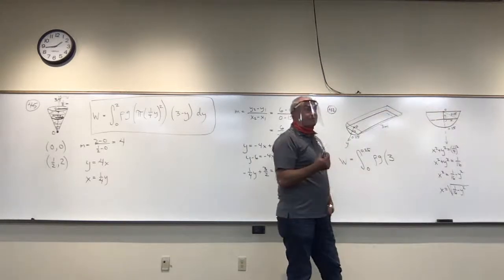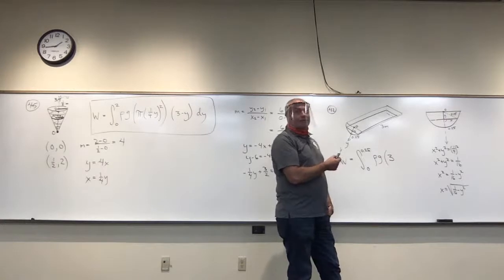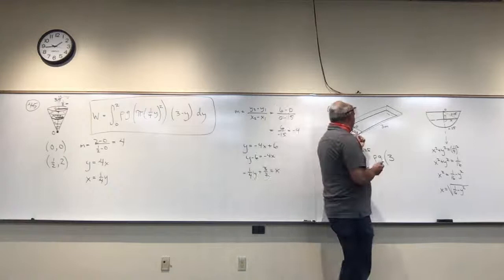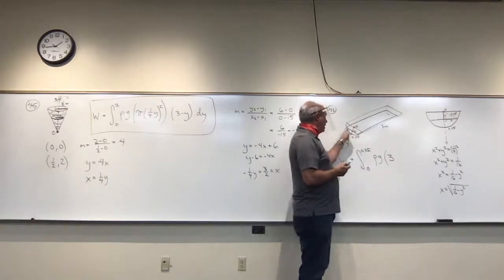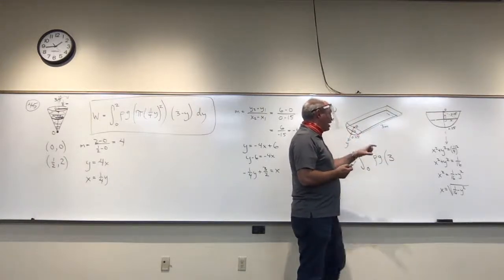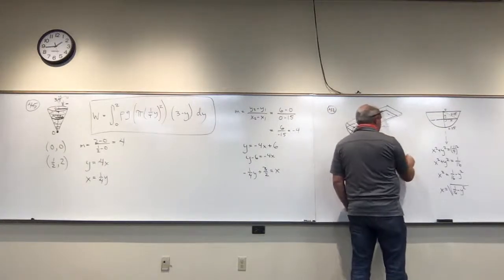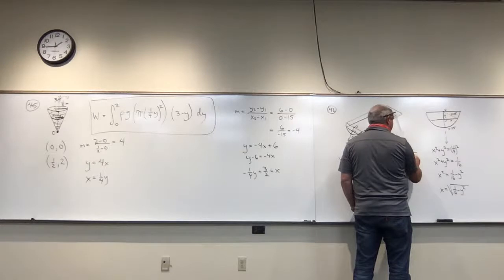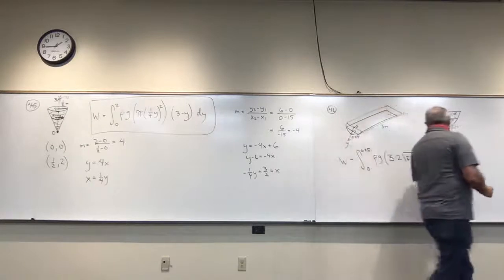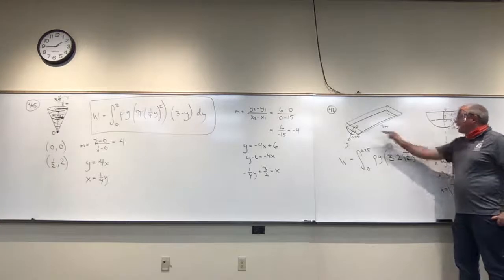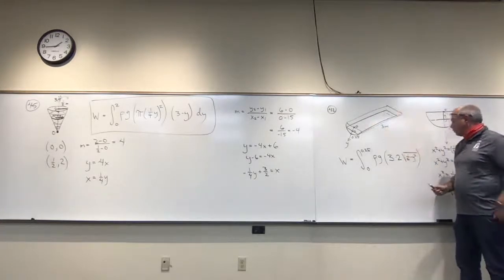That's x. I don't need x. I need 2x. So what goes in here is a length, 3, times a width, which is 2 x's. So 3 times 2 times the square root of 1/16 minus y squared. Okay, so this is our area of that rectangle at a depth y.